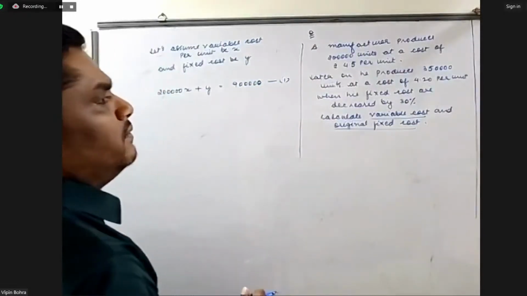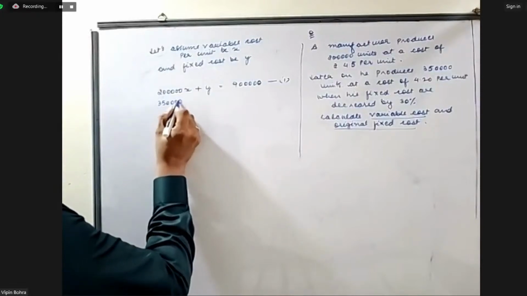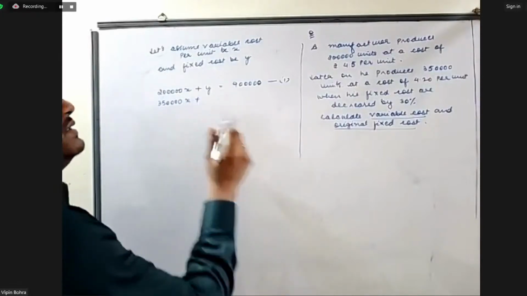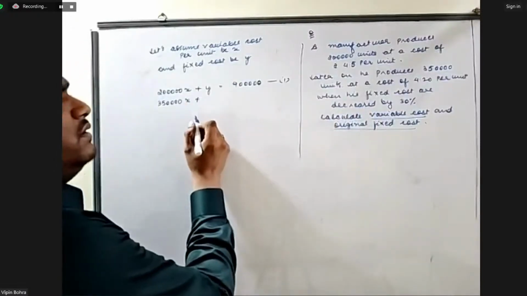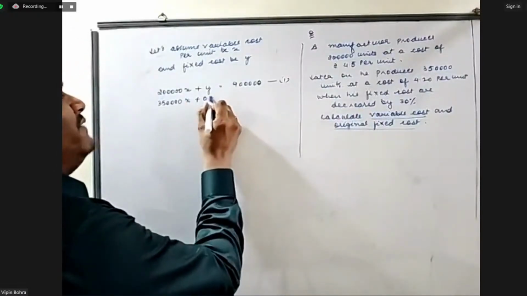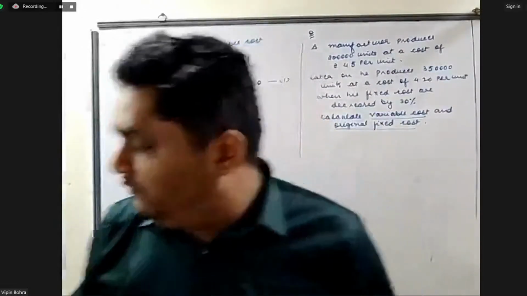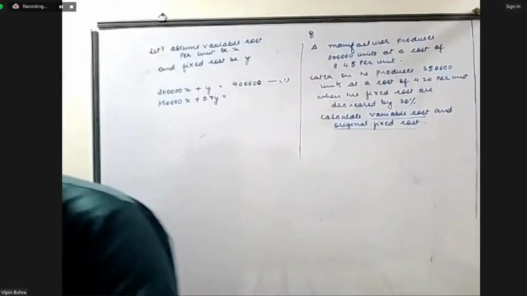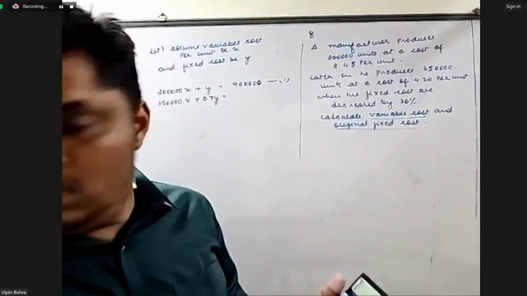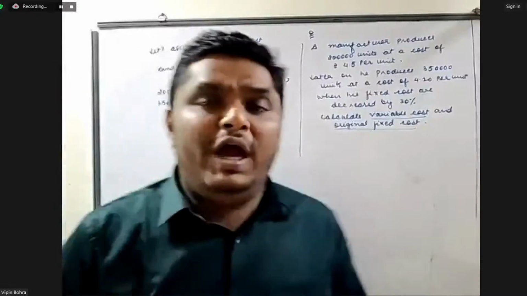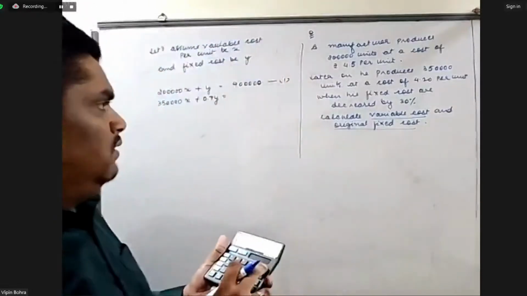Second, 3,50,000 units into X. Since the fixed cost in the second year is decreased by 30%, so it will be 0.7Y. It should be equal to 3,50,000 into 4.2. You have to calculate the overall fixed cost and the variable cost per unit.